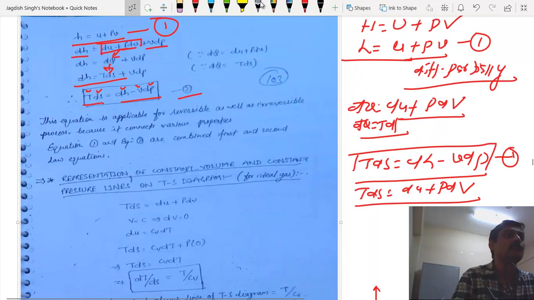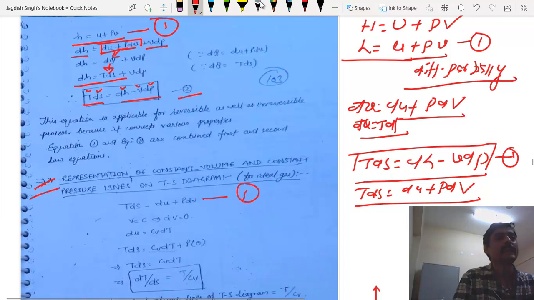Now, representation of constant volume and constant pressure lines on the TS diagram. This is important. Suppose that there are two processes. In one process, the pressure is constant. In another process, volume is constant. Let us suppose in the first process, volume is constant.